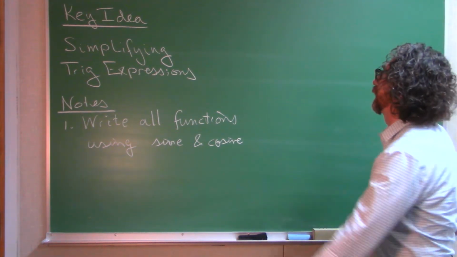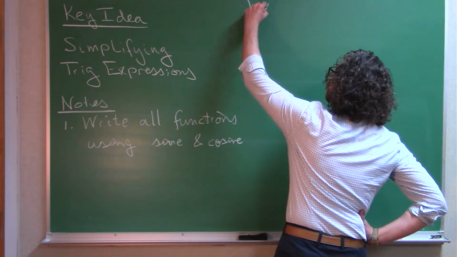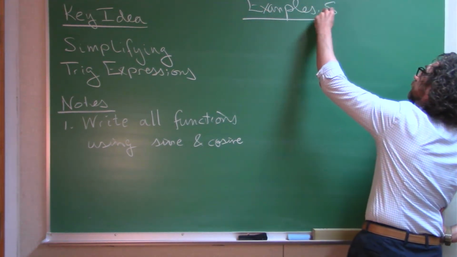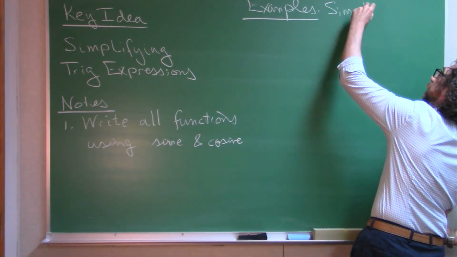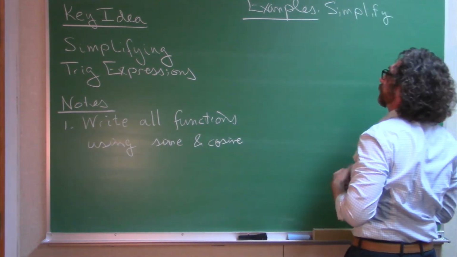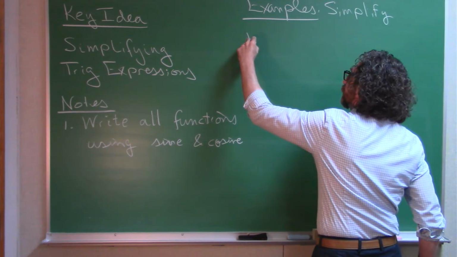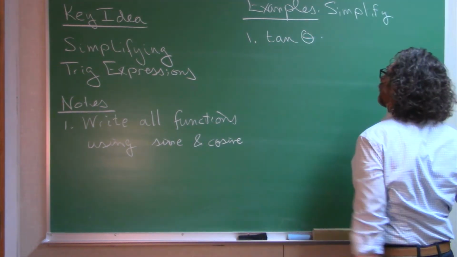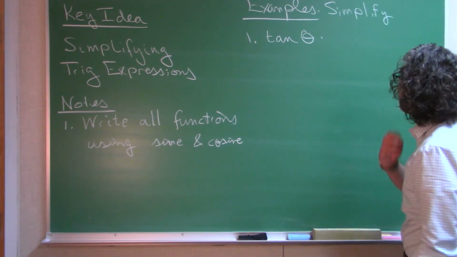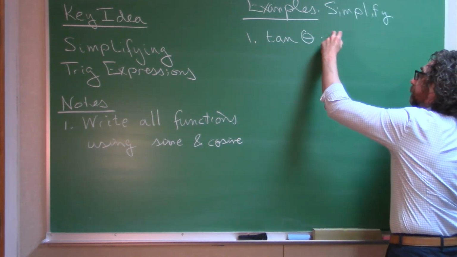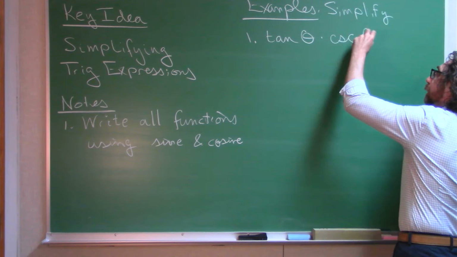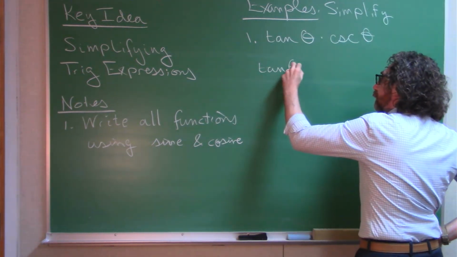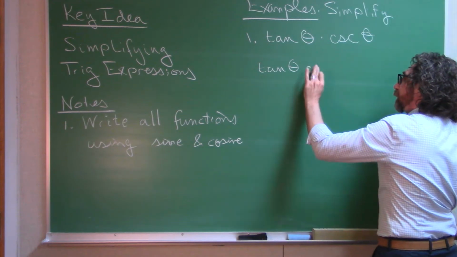So simplify this expression here. Let's say we've got tan theta times cosecant theta.